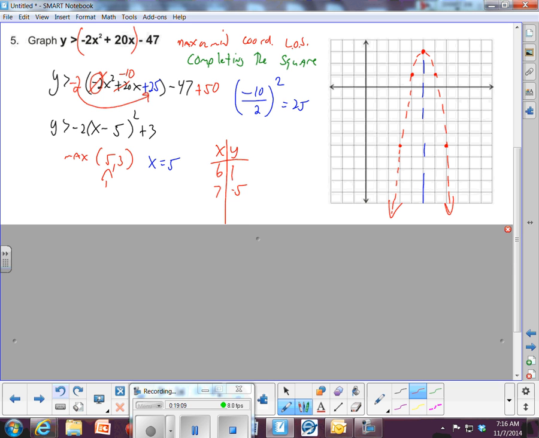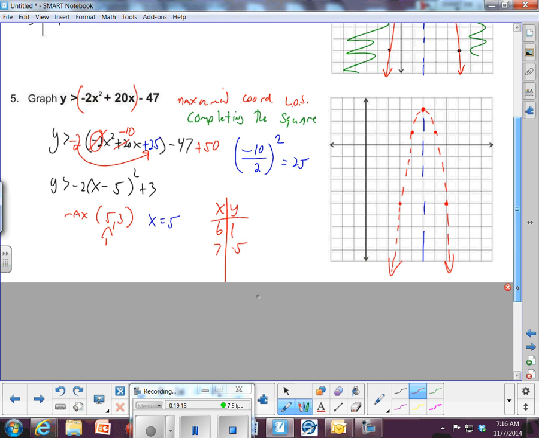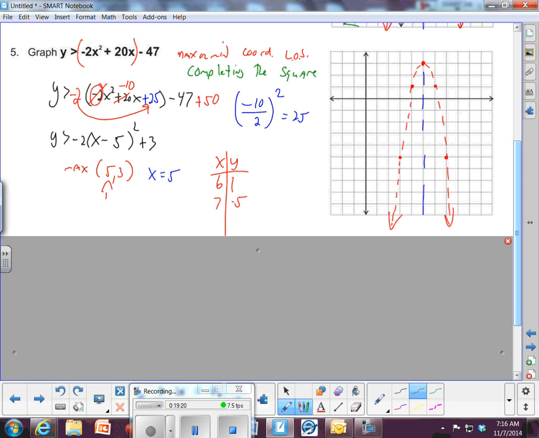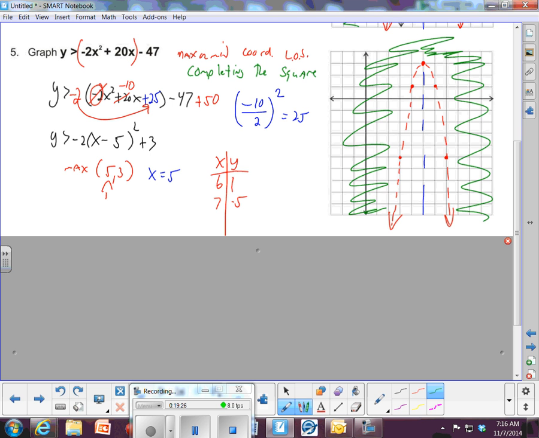Okay, where are you going to shade? Where are you going to shade this one? And hopefully you are shading outside, right, for a greater than. Right, all the points above for this greater than.